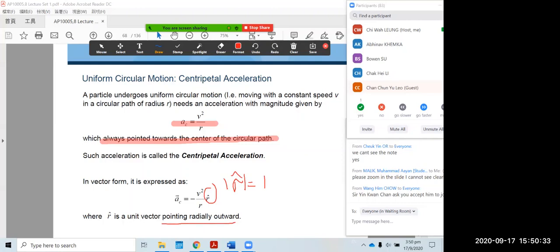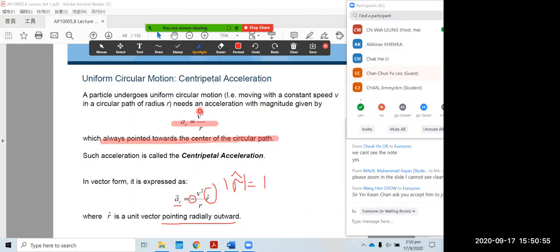It points from the center to the outside. So that is why the acceleration vector has a minus sign in this equation, because the centripetal acceleration is pointing towards the center of the circular path. So that is how we write the centripetal acceleration in vector form.